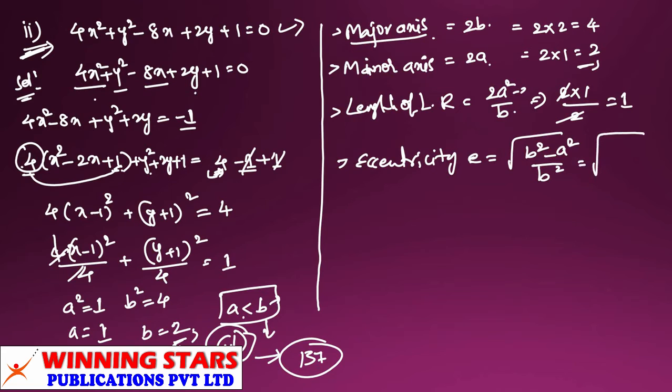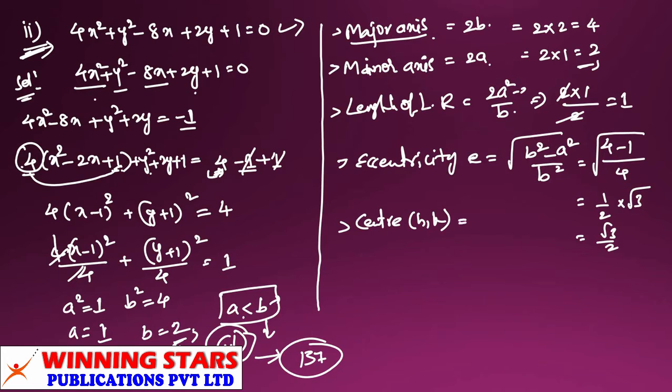So in this, b square is equal to 4, 4 minus a square, which is 1, divided by b square, which is 4. So it will become 1 by 2 into root of 3, that is root 3 by 2. Now, after eccentricity, what we have to find is the center (h, k), which is given in that one.